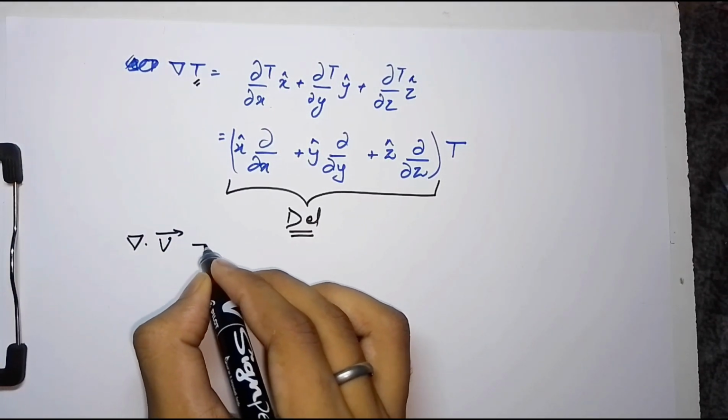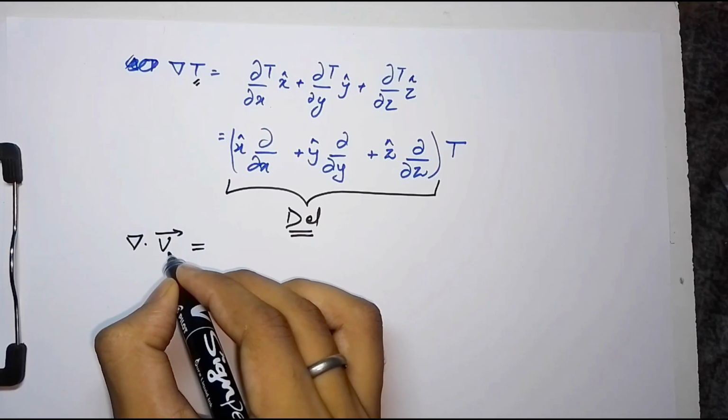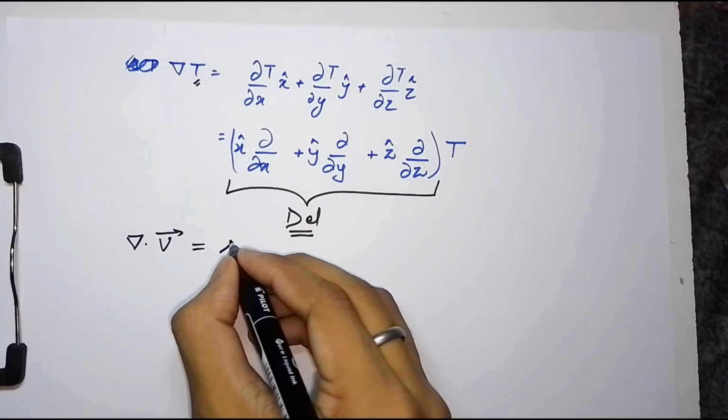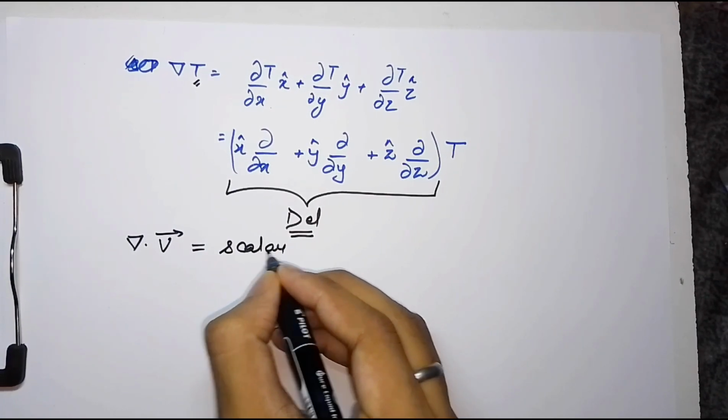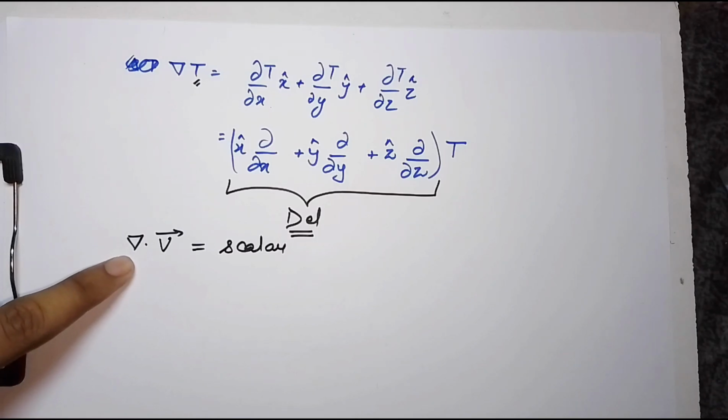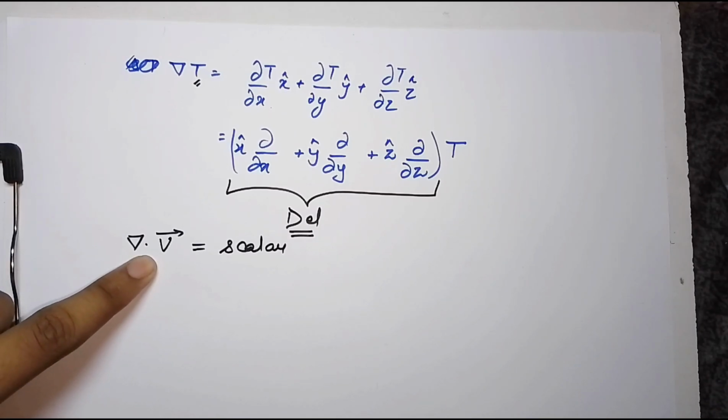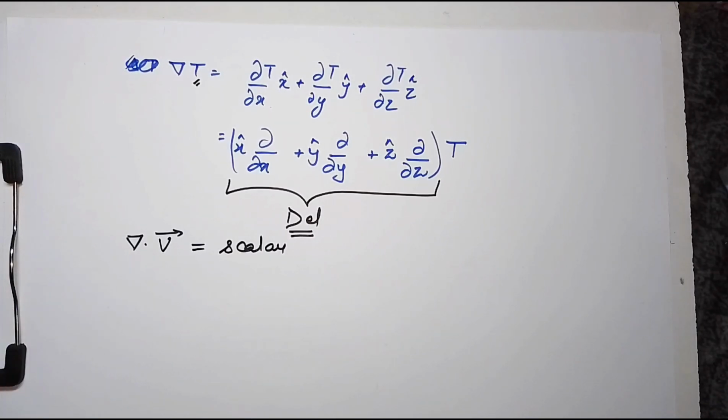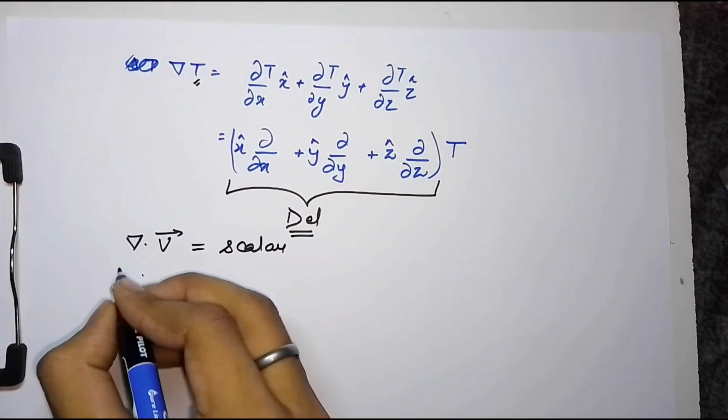So what would it yield in this case? This is a vector, so it would yield a scalar. And what is this? The del operator taken in dot product with a vector gives us the divergence of that vector.